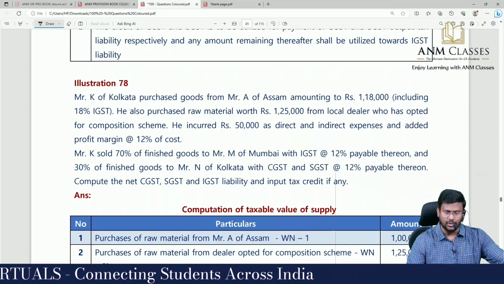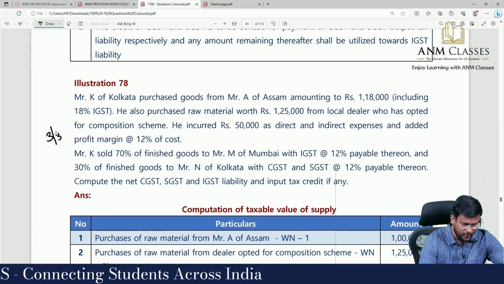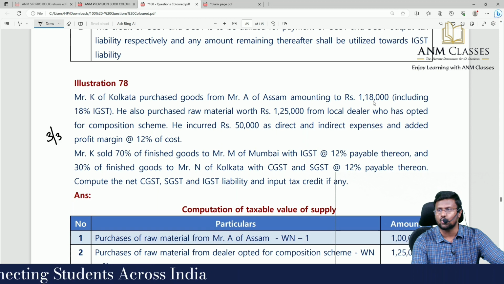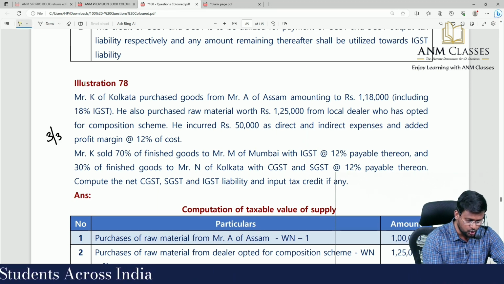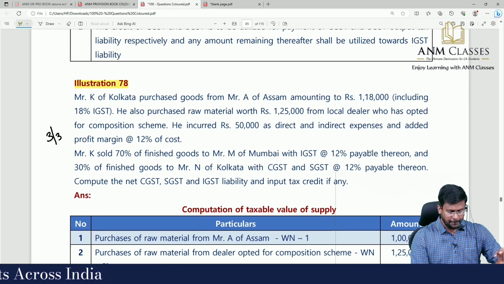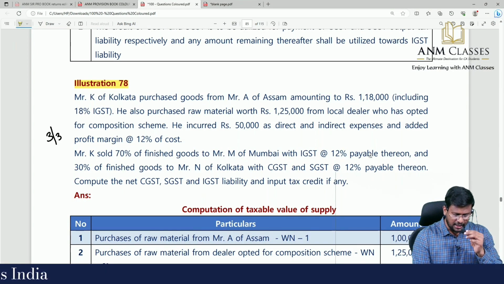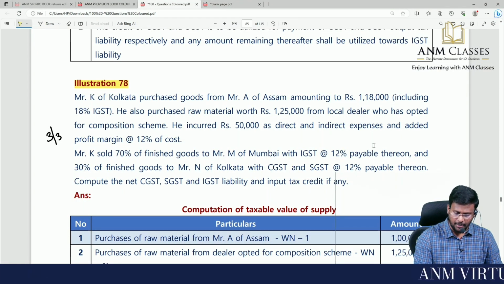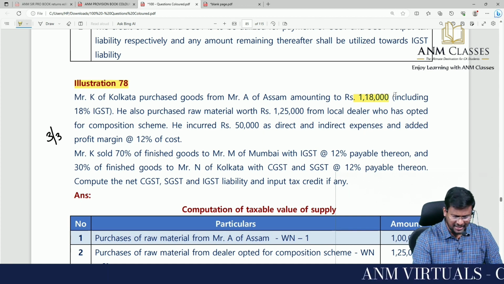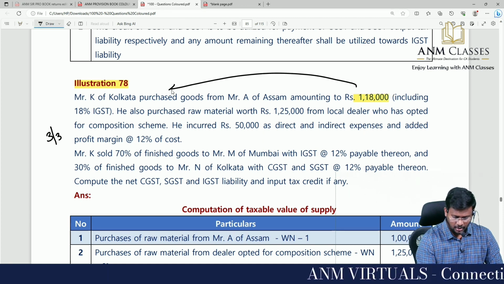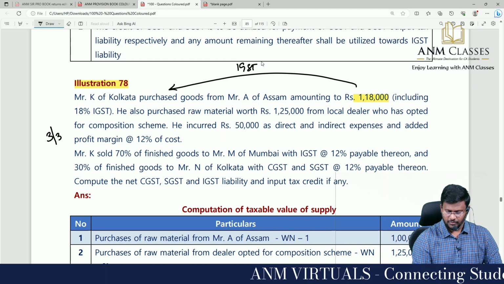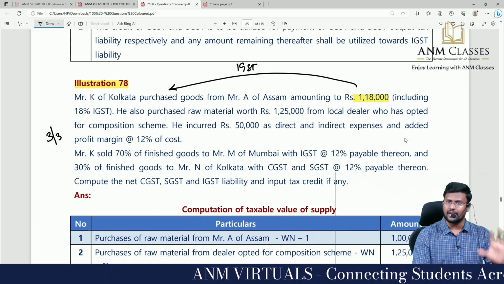I'm moving to the third question. Sir, with that payment of tax comes to what? I'm coming to illustration number 78. Mr. K of Kolkata purchased goods from Mr. A of Assam, amounting to how much? This is the interstate supply. So what you would have paid, including 18% IGST.